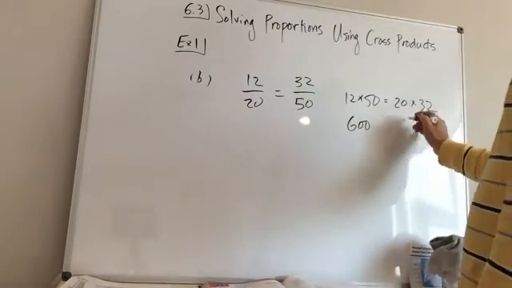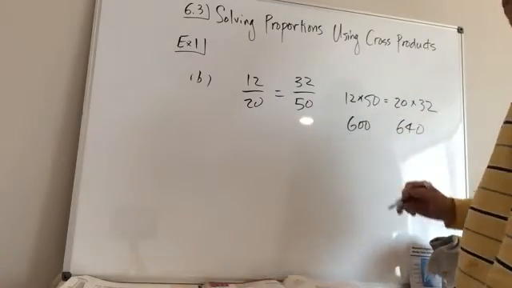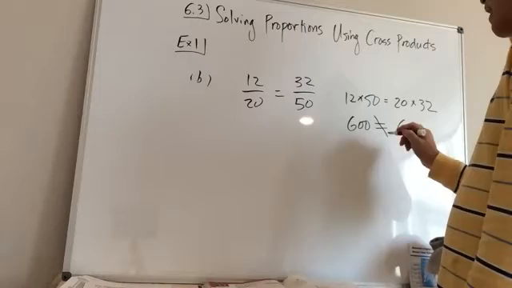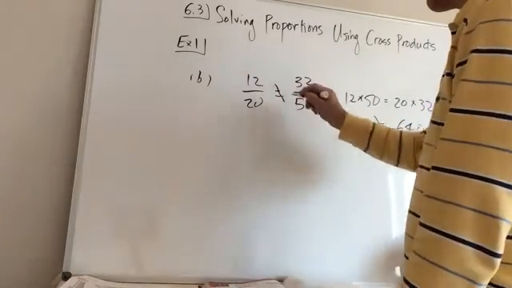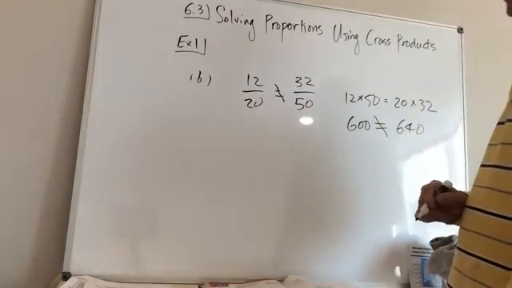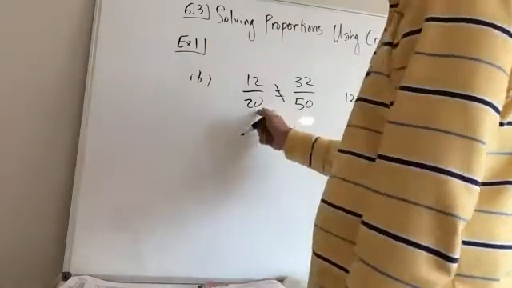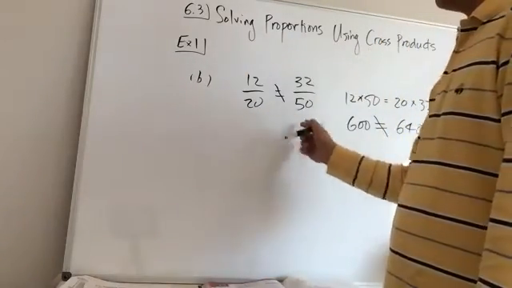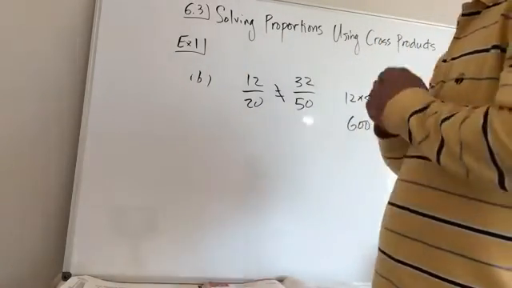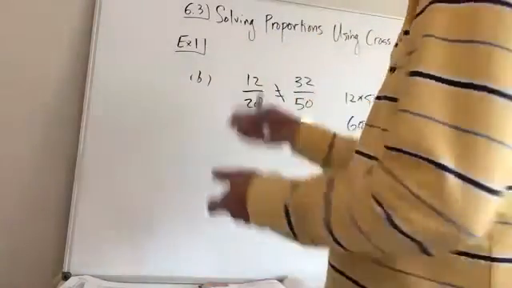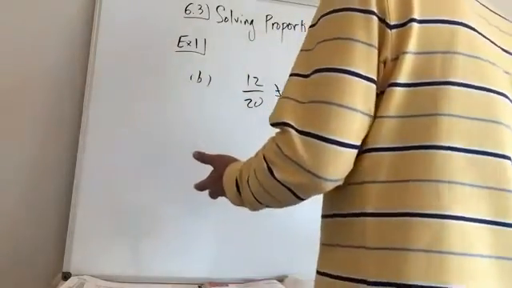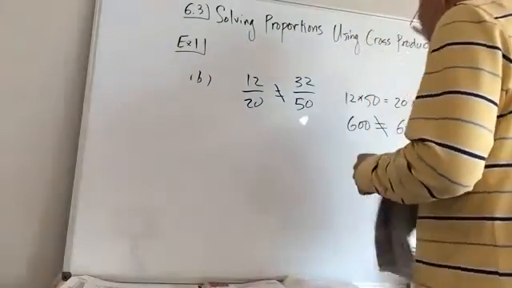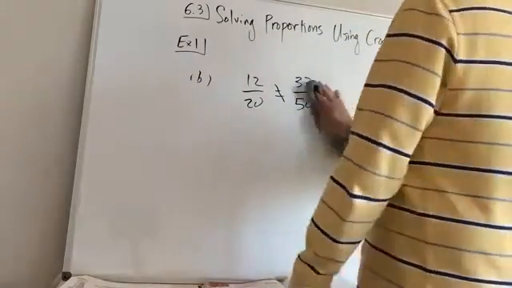And this one here is going to be 640. So these two are not the same, which means that this does not work, which means that these two do not form a proportion, okay? So it's pretty simple. All I do is run the cross products and see if they are equal to each other, okay?